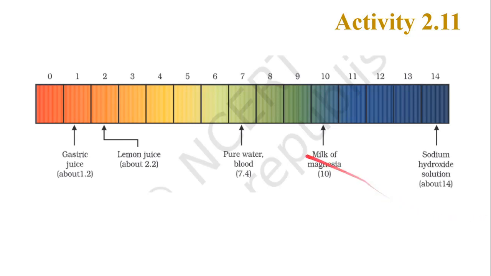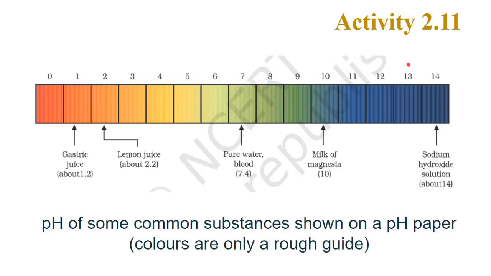In this diagram, there are numbers 0 to 14, that means the pH values 0 to 14, and some common substances are given on a pH paper. Colors are only a rough guide. The gastric juice has a pH of approximately 1.2. Then lemon juice is about 2.2.